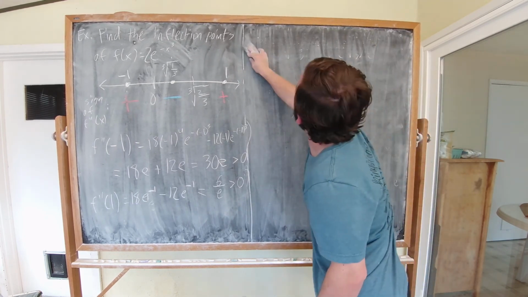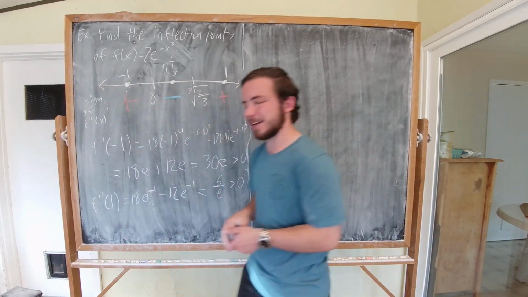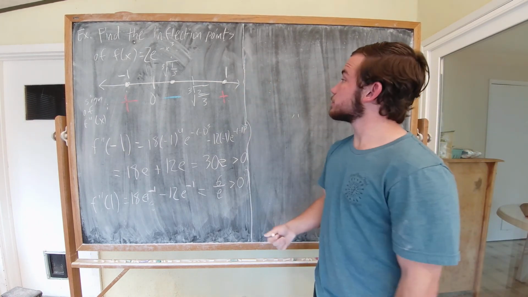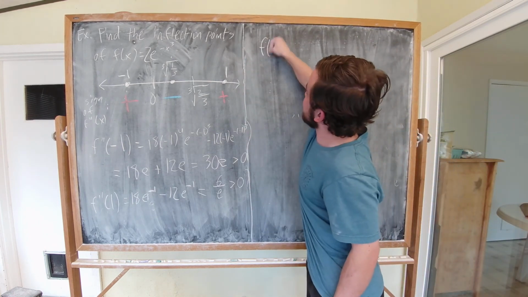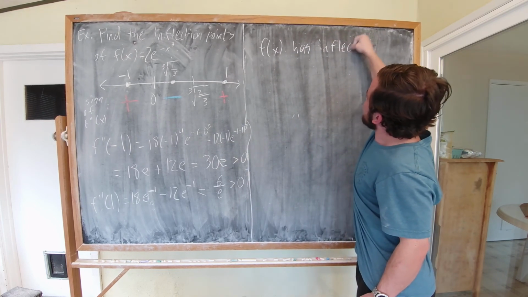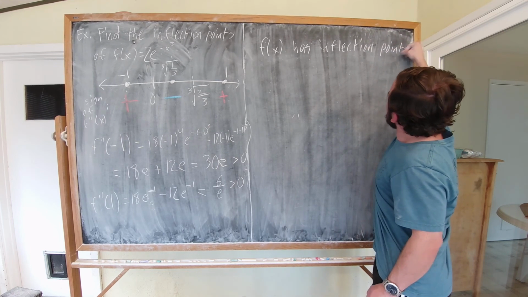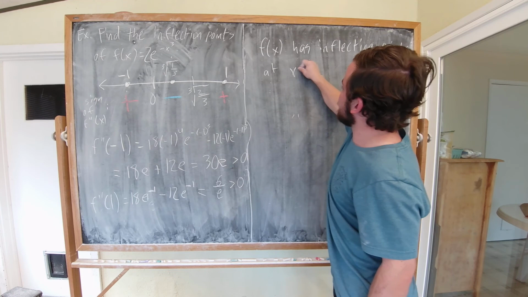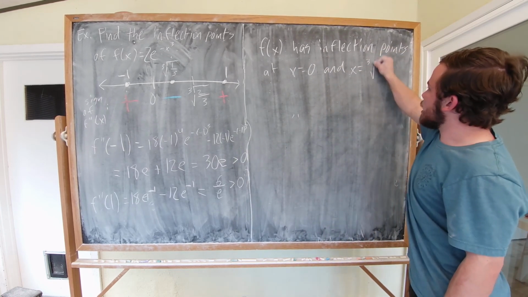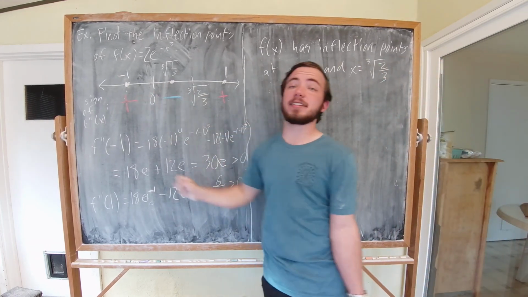I mean, I have my phone, but okay. So f of x has inflection points at x is equal to 0 and x is equal to the cube root of 2/3, since the second derivative changed sign as we passed over.